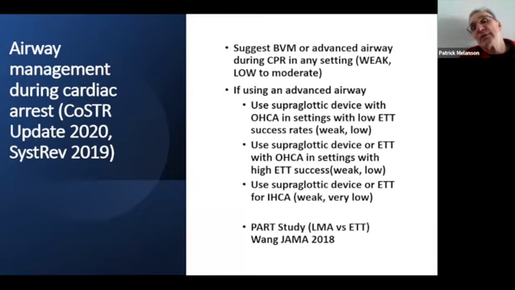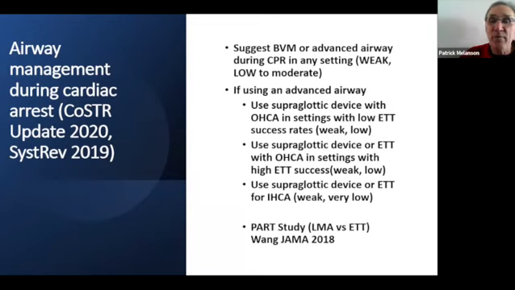If you are going to use an advanced airway, then the recommendation is you can use either a supraglottic device or an endotracheal tube. Supraglottic devices should be prioritized in systems where the paramedics have low experience or low yearly incidence of endotracheal intubations.